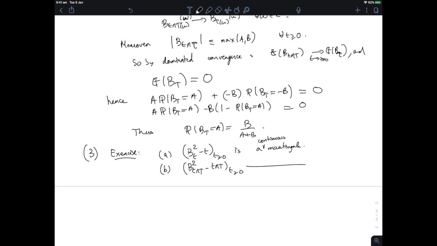Then you stop the martingale, and then you conclude that the expectation of B tau squared, maybe that's another step, and then you use the fact that the expectation of tau is finite to deduce that the expectation of B tau squared has to be the same as the expected value of tau. And then you compute the expectation of B tau squared, and you get from there that the expectation of tau has to be a times b. So these are the steps, and this is a very good exercise.